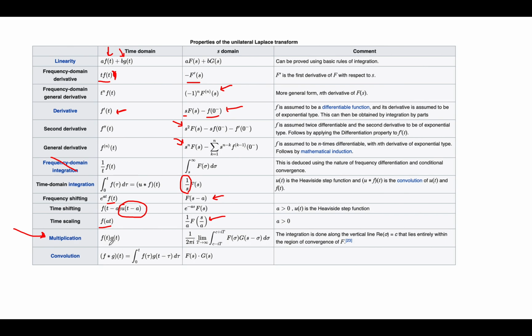In other words, f of t times g of t is not equal to f of s times g of s. It is equal to the convolution of f of s and g of s. And so do not try to use multiplication of f of s and g of s if you have this given as a problem.